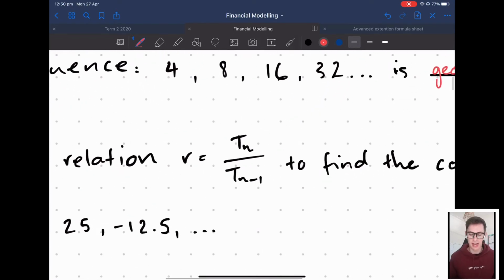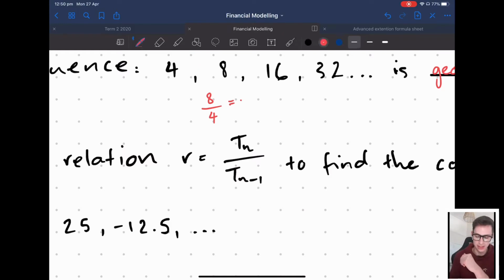If you wanted a more formulaic approach to find that common ratio, the ratio is going to be some term divided by the term before it. Because if you took some term, so 8 for example, and divided it by the term before it, 4, what you're left with is whatever number you had to multiply by to end up with that term.